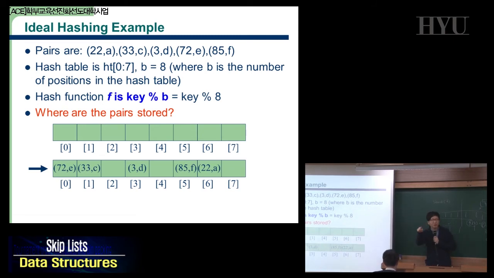So I have 8 positions to put the elements. And I'm going to define my hash function as the key modulo B, the total size of the buckets, the total size of the list. So I take key 22 modulo 8.